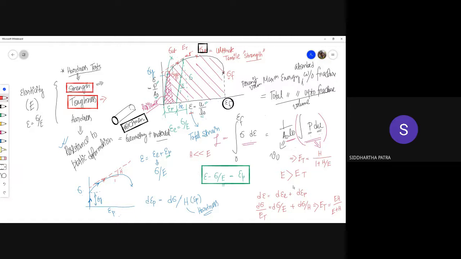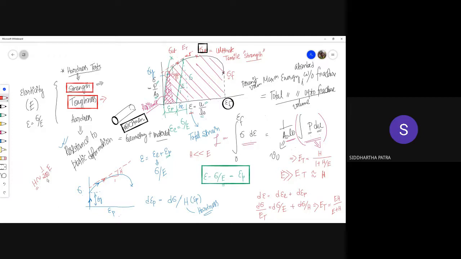And this only tells you that Et isn't just smaller than E, but it is many times smaller than E. Actually, because H by E is very close to 0, Et can be approximately equated to H. So imagine if H is approximately 1 in 200 of E. Of course, H is not a constant.